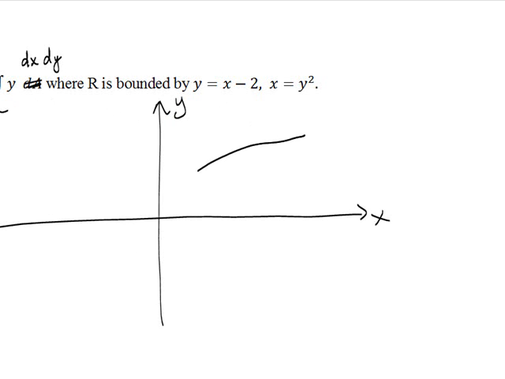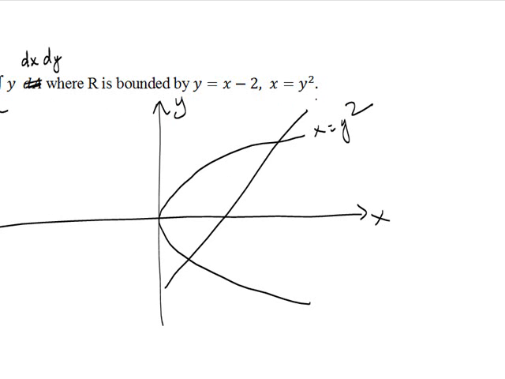So you want x equals y squared, and you want something like this, right? y equals x minus 2. This is your region in between there, good? Now, this is horizontally simple, right? We want it to be vertically simple. What do you notice?